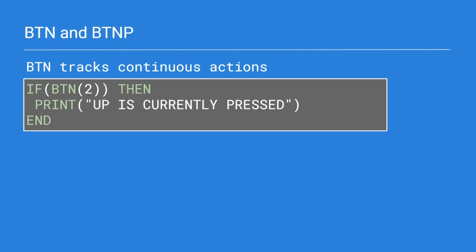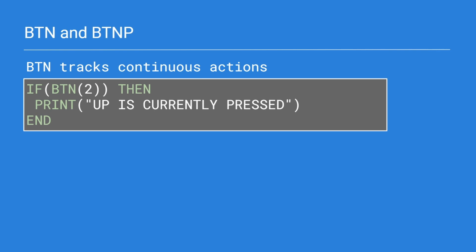In the code snippet that you're seeing here, we check for the button with index 2, which corresponds to the up button in the Pico 8 controller. And it can be triggered by pressing the up arrow key on your keyboard. This code means that anytime the up arrow key is being pressed, we would be printing the string "up is currently pressed".